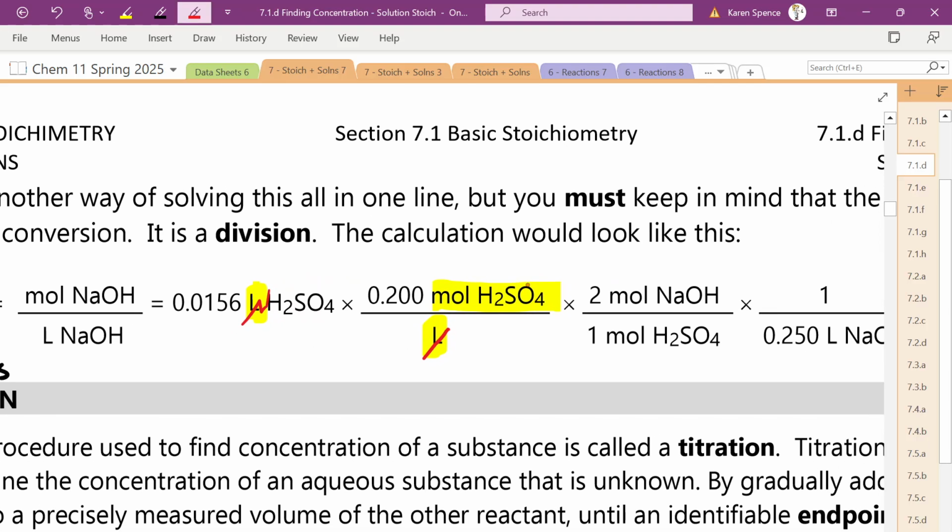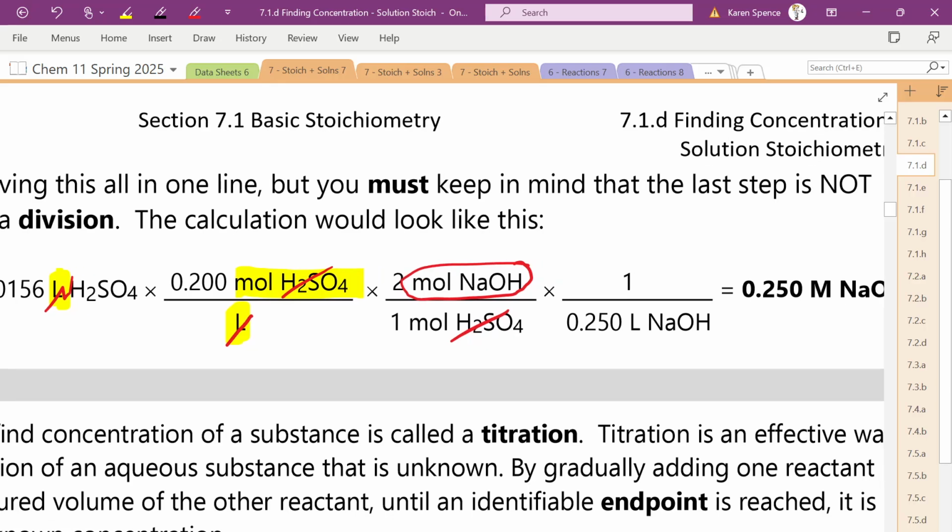You cancel your moles of H2SO4 and you find your moles of NaOH. And instead of stopping and putting equals and finding your moles, you can divide by 0.0250 liters just by multiplying by 1 over 0.0250 liters. Yes, that is allowed. You can do that.